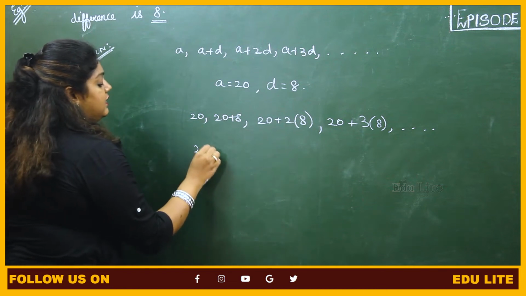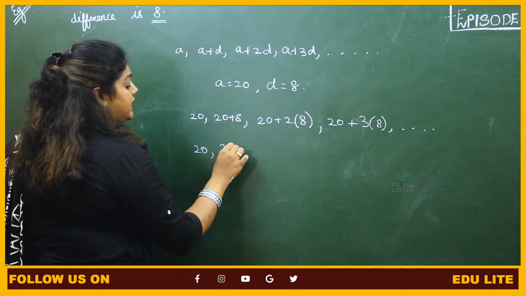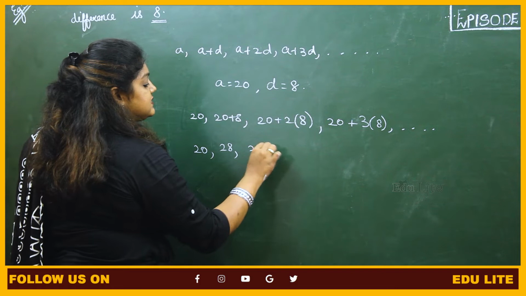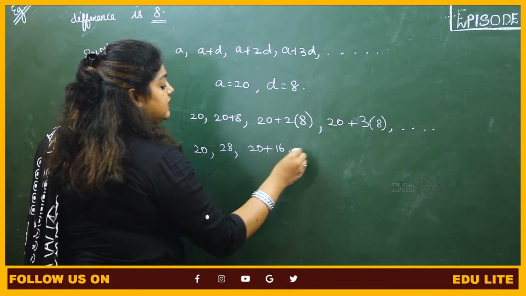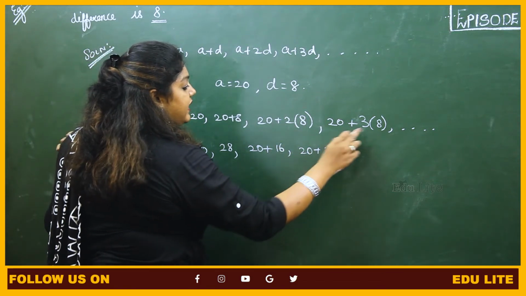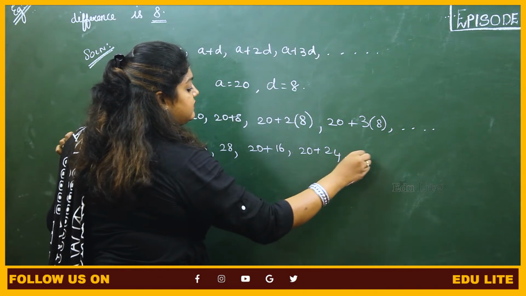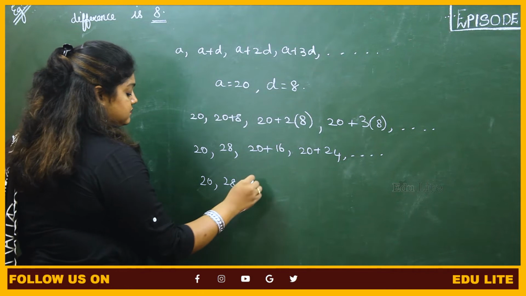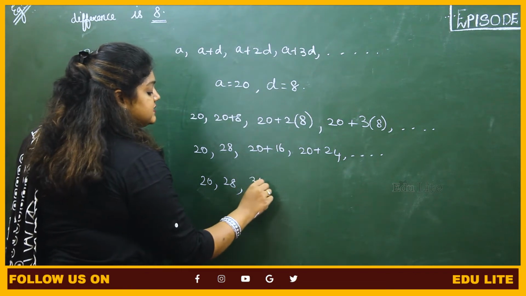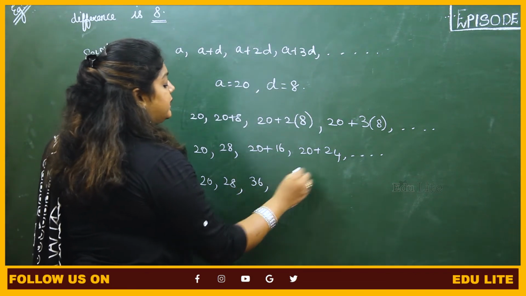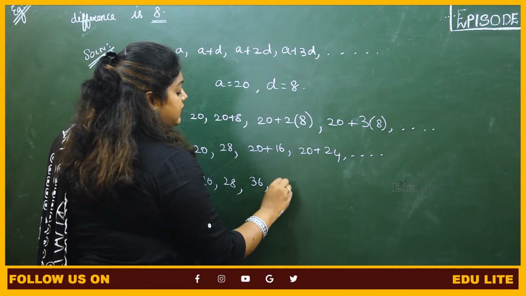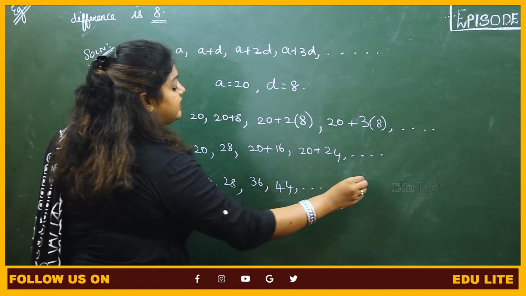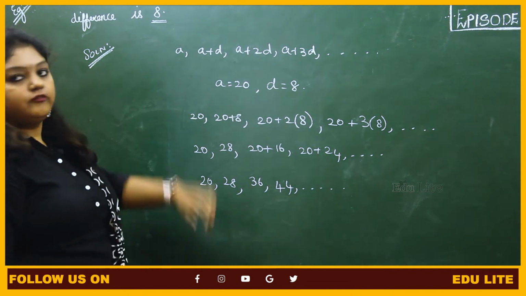So, 20 plus 8 is 28, 20 plus 2 eights are 16, 20 plus 3 eights are 24, etc. So, 20, 28, 20 plus 16 is 36, 20 plus 24 is 44. Thus we have written the AP for the above problem.